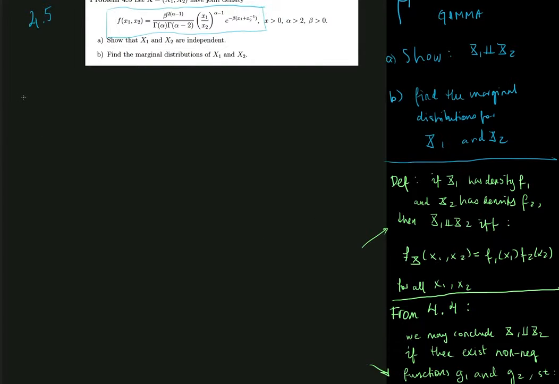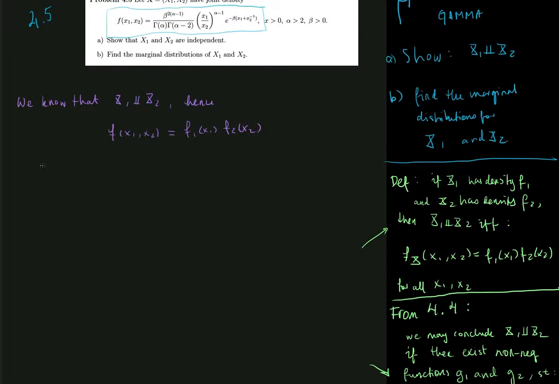So what we know is that x1 and x2 are independent by this point, right? Hence, the simultaneous density is equal to the product of the marginal densities.